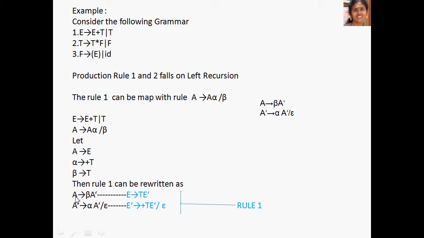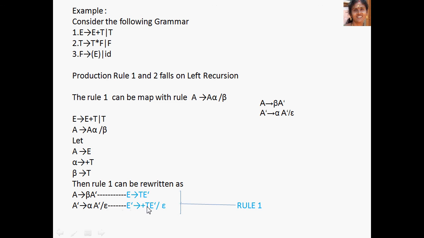Okay, so what is the value for A? The value for A is E. You write E. And what is the value for beta? Beta is T, so you write T, and for A dash you put E dash. And again for the next rule, A dash, you write E dash, the expansion symbol, and alpha.